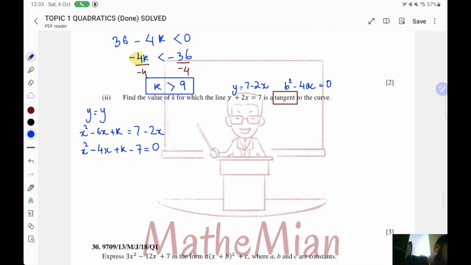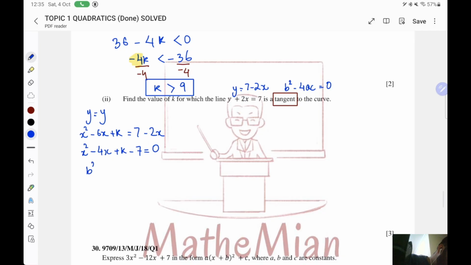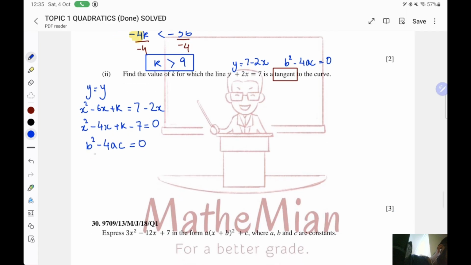So let's substitute them into the discriminant. B square minus 4ac will be 0. The value for b will be minus 4 square, 4 times a is 1 and c is k minus 7, and it will be equal to 0.